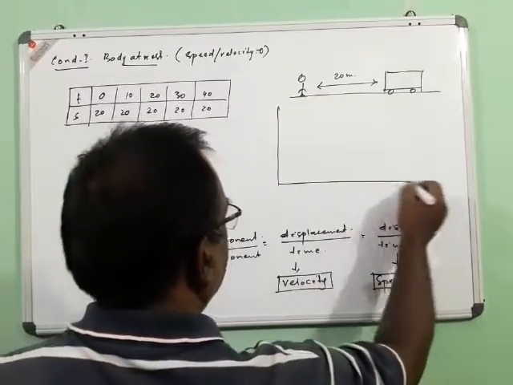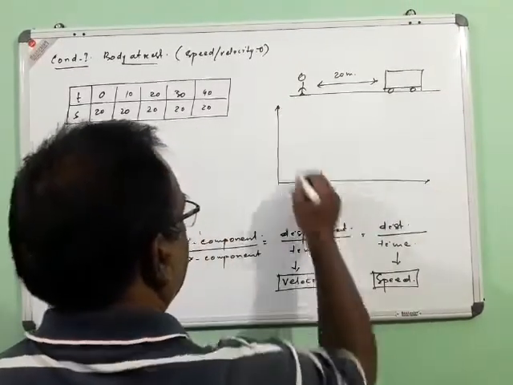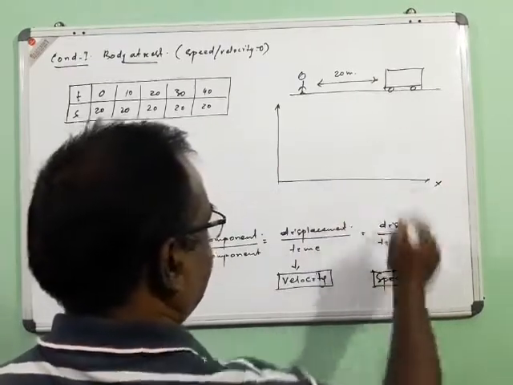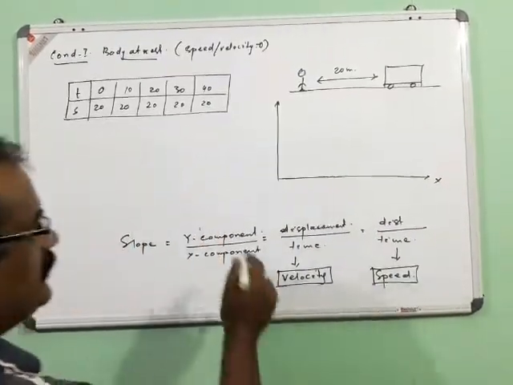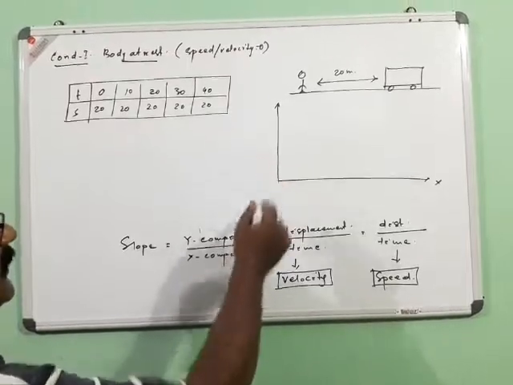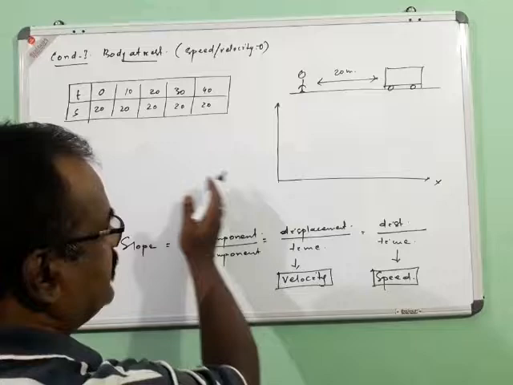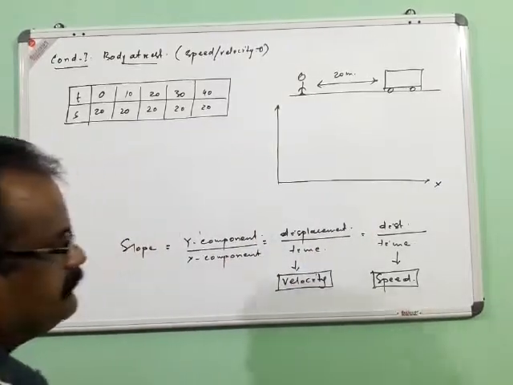Here, this is your x-axis, and we have shown only the first quadrant, because all these two variables are positive, so we are showing the first quadrant, excluding the second, third and fourth quadrants.